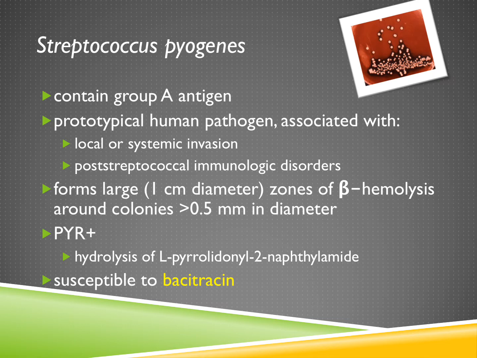They form large, 1 centimeter zones of beta hemolysis around colonies greater than 0.5 millimeter in diameter. For biochemical reactions, they are positive for the PYR test and are also susceptible to bacitracin.